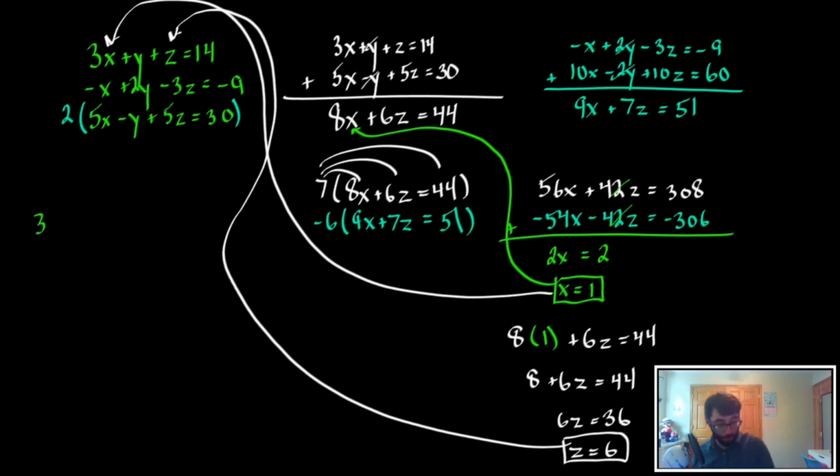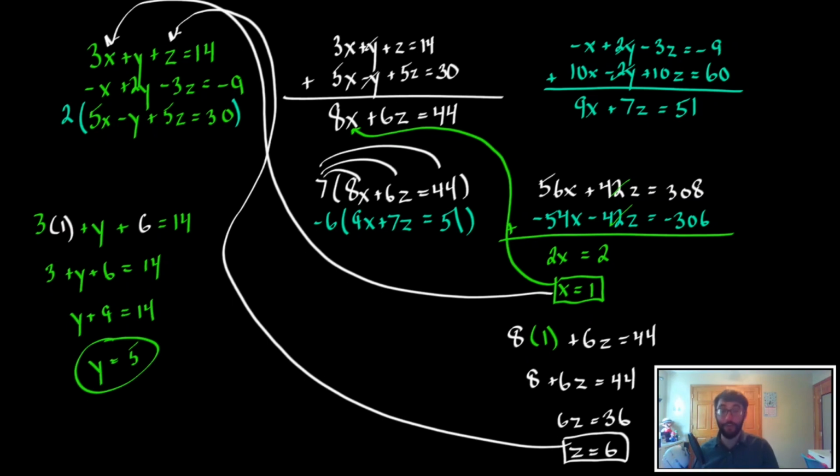So this is going to get me 3x, and x is 1, plus y plus z, and z is 6, is equal to 14. And now I can go ahead and solve for y. So I get 3 plus y plus 6 is equal to 14. That gets me y plus 9 is equal to 14. And that gets me y is equal to 5, all right?